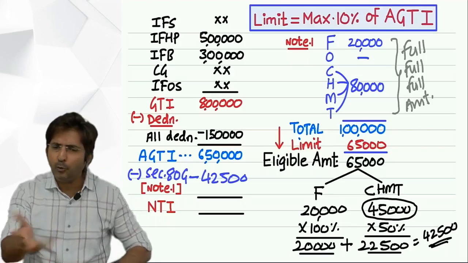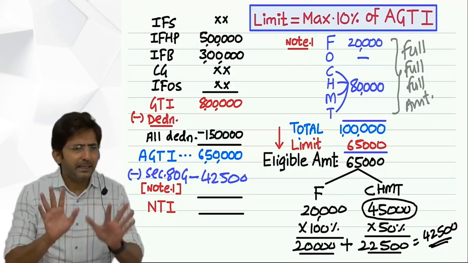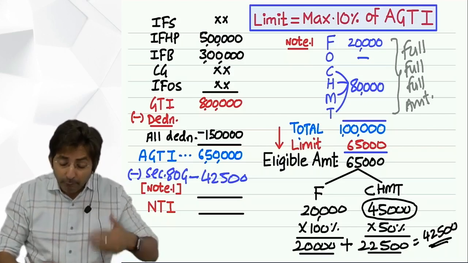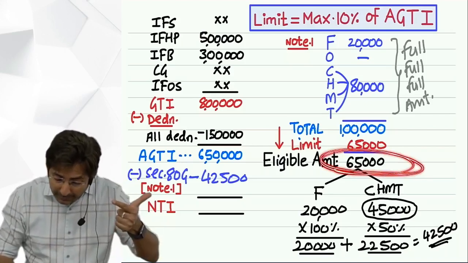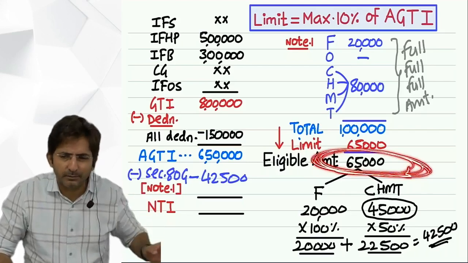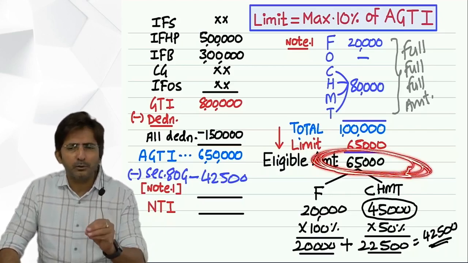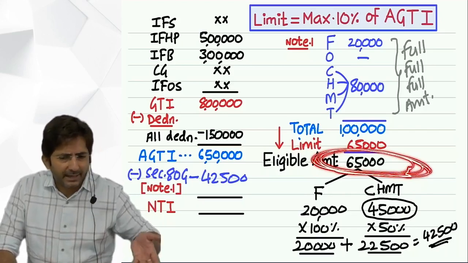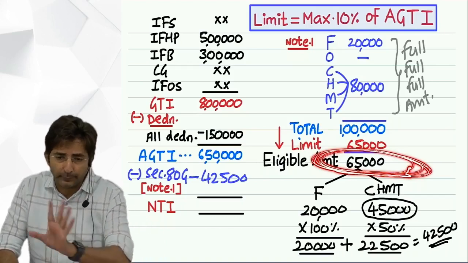See, there are only two possibilities you will find. Let's talk in 65,000 terms. Either the family planning amount is small, so it will fit in 65. Then bifurcate that: take 100%, and on the balance take 50.